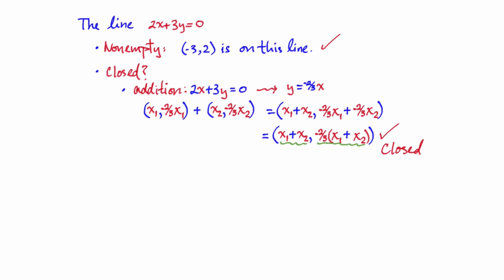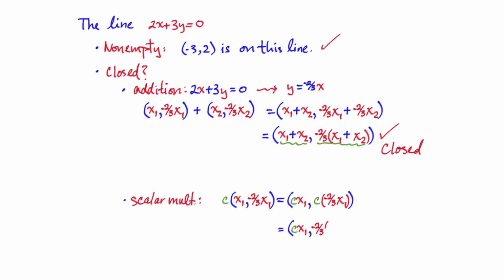So let's check closure under scalar multiplication the same way. If I take any arbitrary point that satisfies the equation, and I multiply it by an arbitrary scalar, c, the first coordinate is c times x1, the second coordinate is c times negative 2/3 x1, and I can rewrite that second coordinate as negative 2/3 times c times x1.